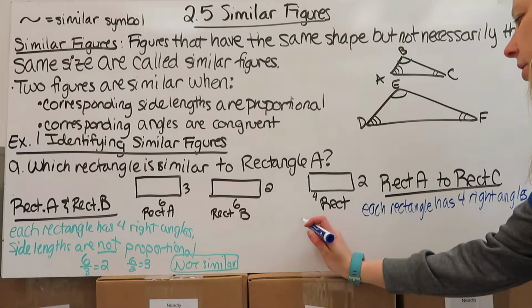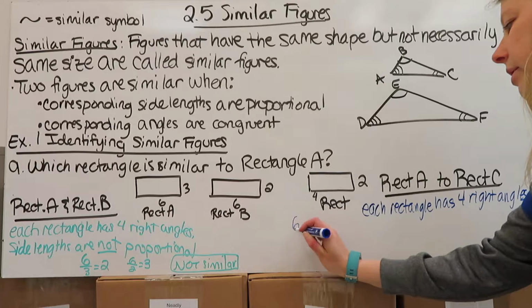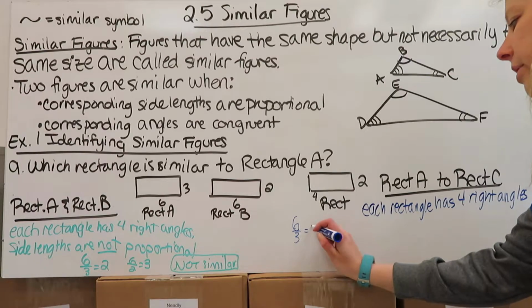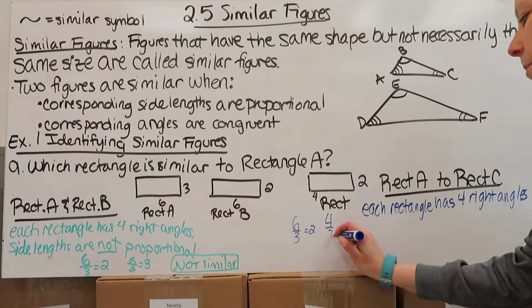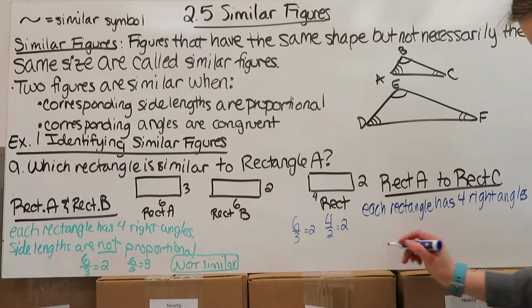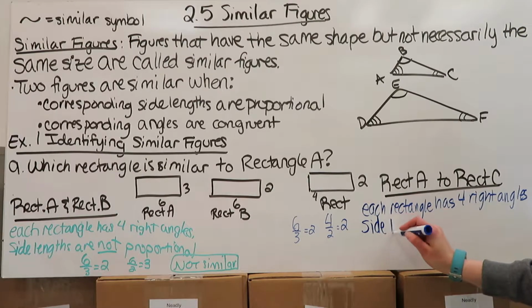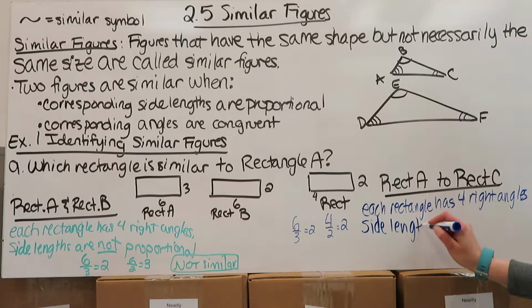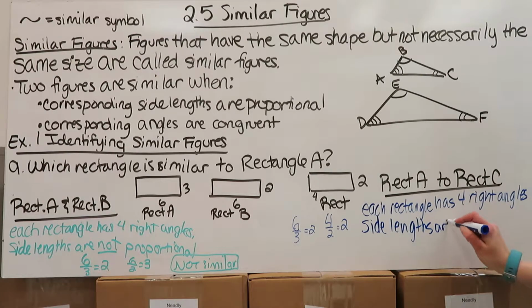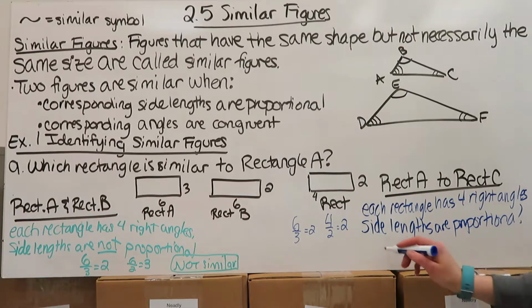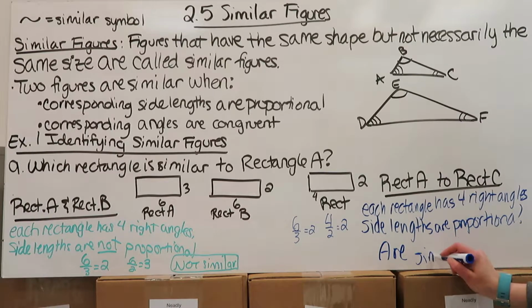And if we were to go with 6 divided by 3, that reduces down to 2. 4 divided by 2 reduces down to 2. This means that the side lengths are proportional, which then means that they are similar.